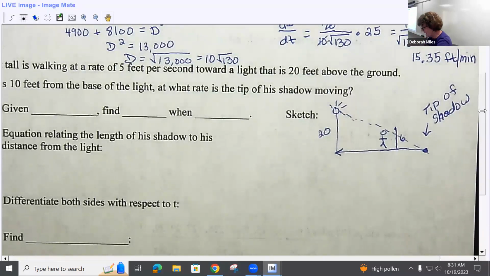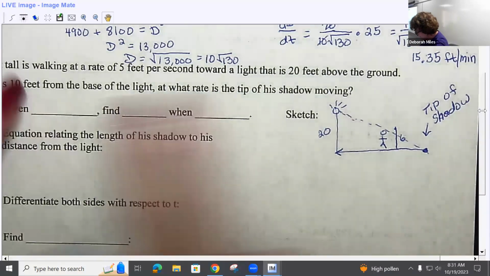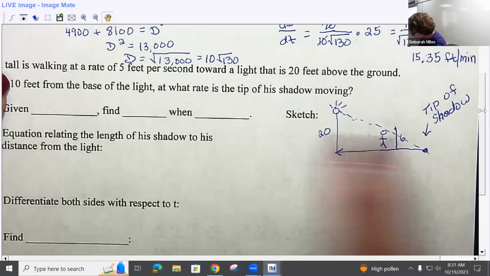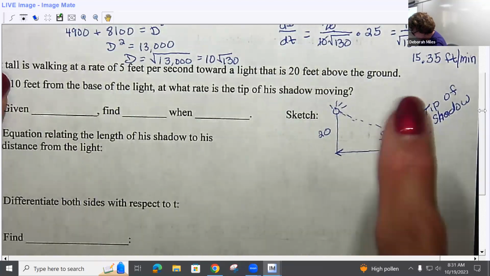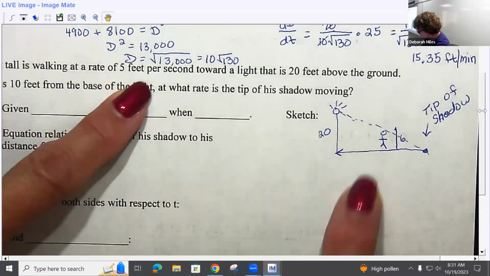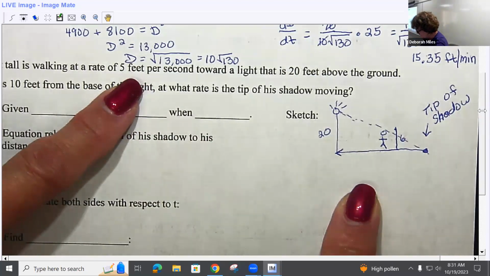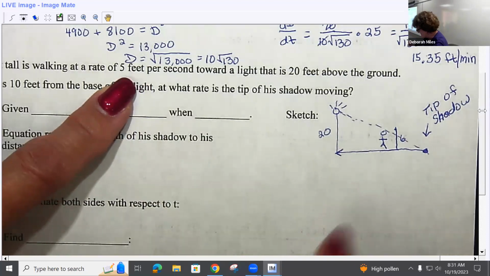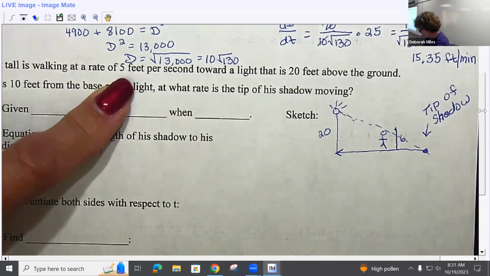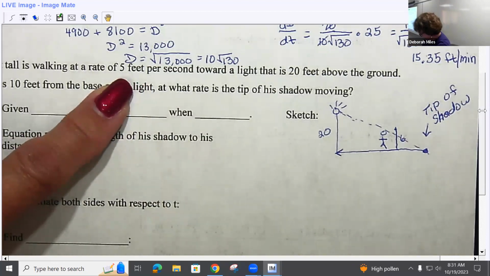Actually, this one has an A part and a B part. We haven't finished reading this though. A man 6 feet tall is walking toward the light that is above at a rate of 5 feet per second. What do you think we need a variable for so that we can give meaning to that 5 feet per second? His distance.